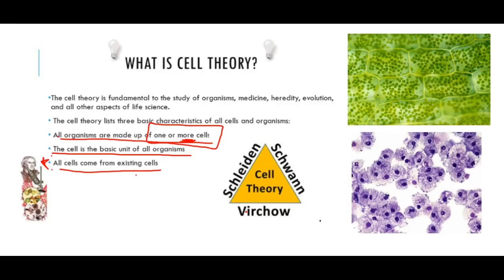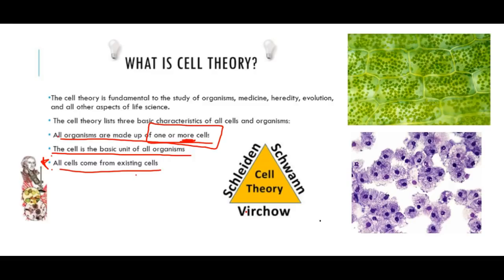If you remember, Virchow was the one that said that. He specifically studied cell division and witnessed that when cells come to the end of the cell cycle, they will divide and one cell will produce two, and those two cells will become four. That is the basic premise for why organisms can grow and develop.